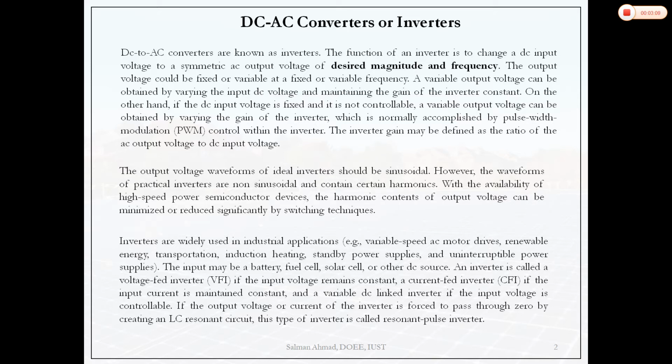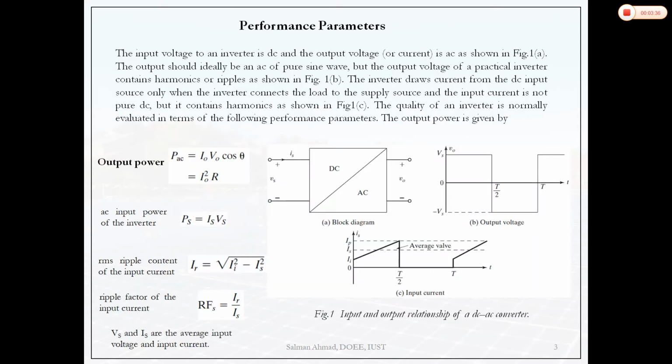An inverter is called a voltage fed inverter, VFI or VSI, voltage source inverter, if the input voltage remains constant; a current fed inverter if the input current is maintained constant; and a variable DC linked inverter if the input voltage is controllable. Another new breed is the LC resonant inverter. They are very efficient, so they are also used in many applications.